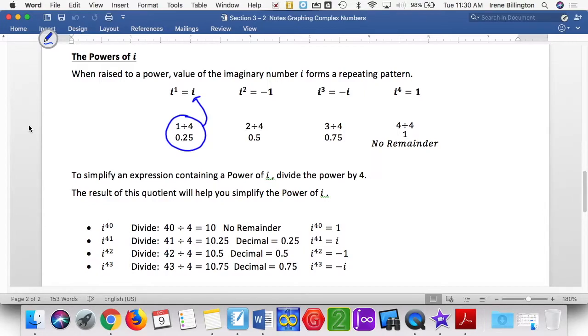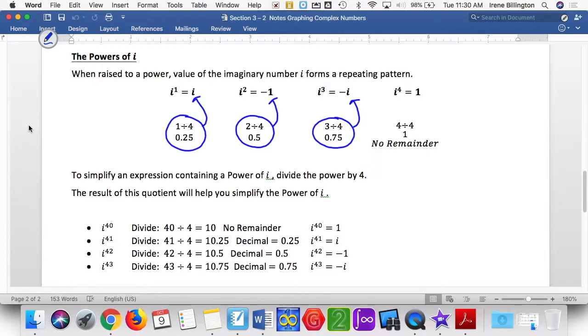If you take your exponent and divide it by 4 and get a remainder of 0.5, your power of i is equivalent to -1. If you take your power and you divide it by 4 and you get an answer with a decimal of 0.75, the power of i will be equal to -i.